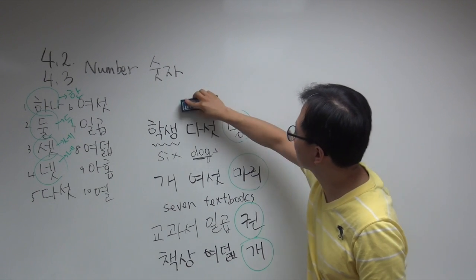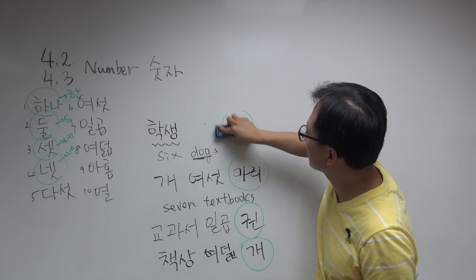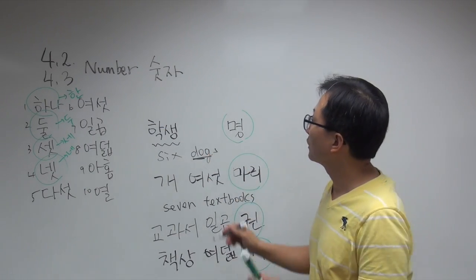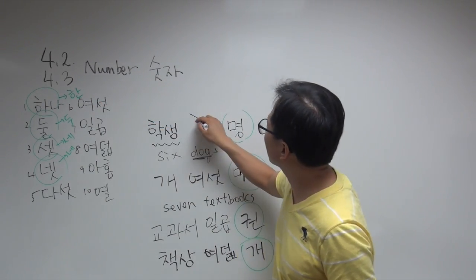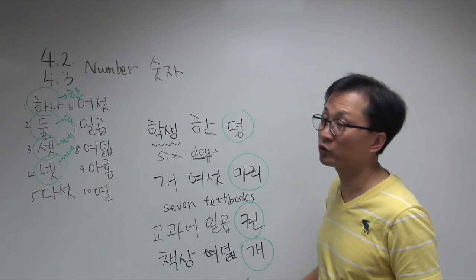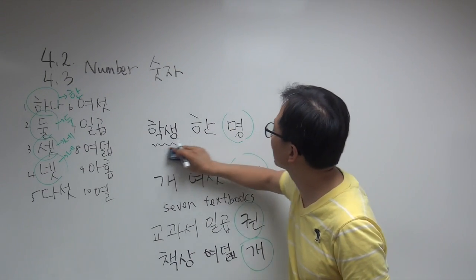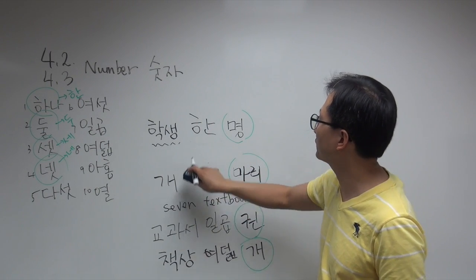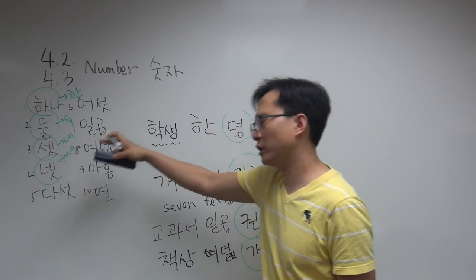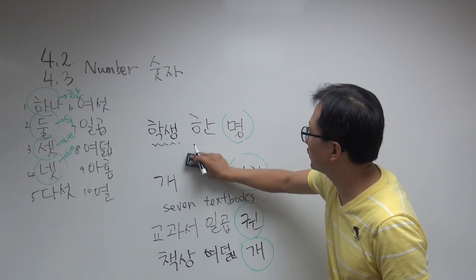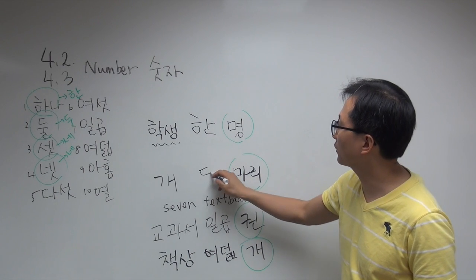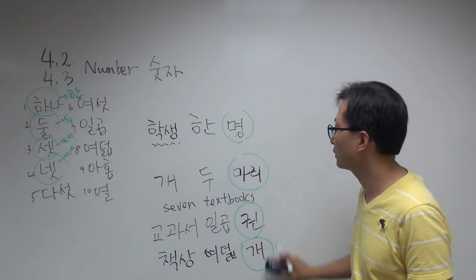So how do you say this? 학생 하나 명, it doesn't work. 한 명, 학생 한 명, so one student. And two dogs, okay, just replace 여섯 with 둘. No, we have to change its form before a counter like 마리. Okay, 두 마리.